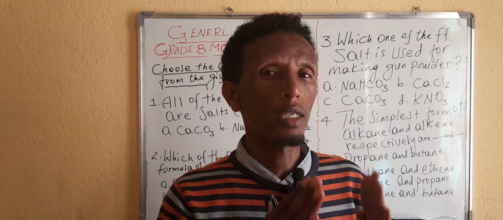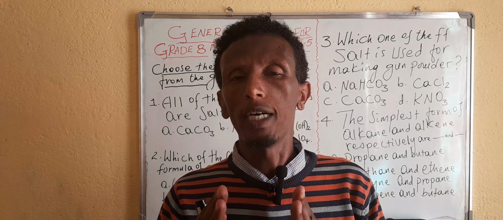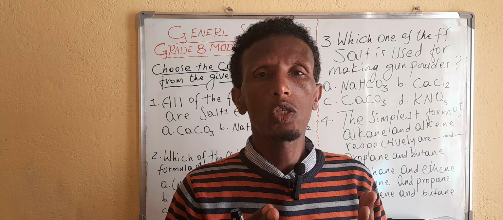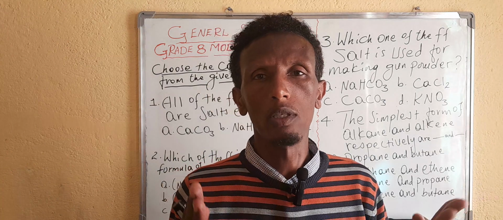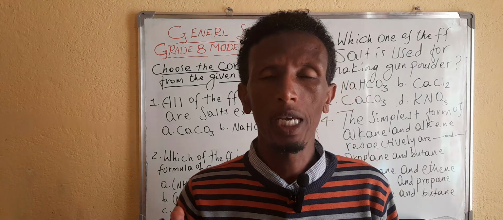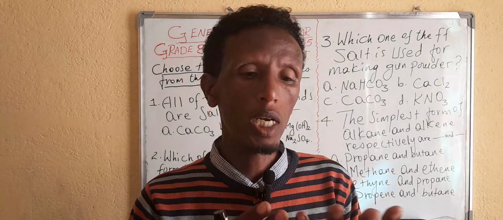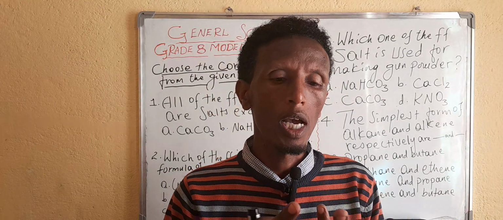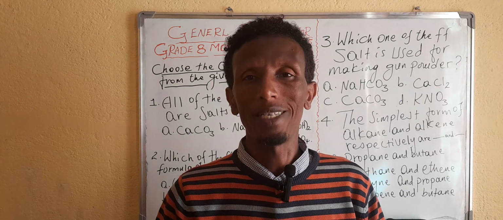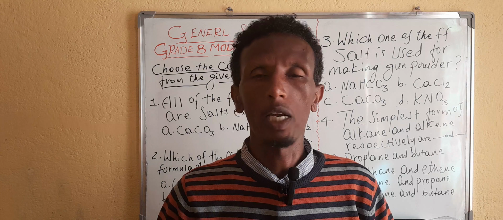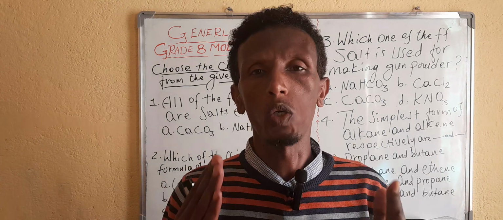That's what I said last time, right? An example of organic compounds is hydrocarbons, right? These hydrocarbons can be classified into three main parts: alkane, alkene, and alkynes, right? That is what I discussed in my last video, right?